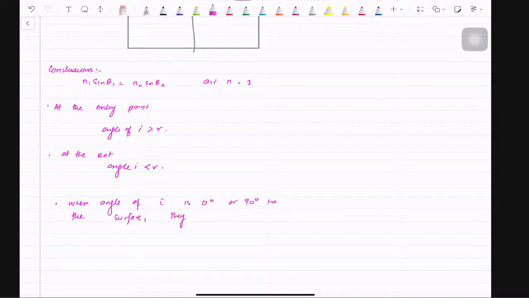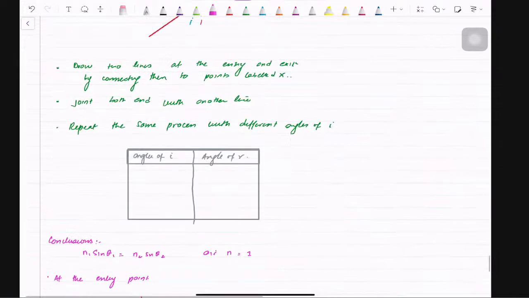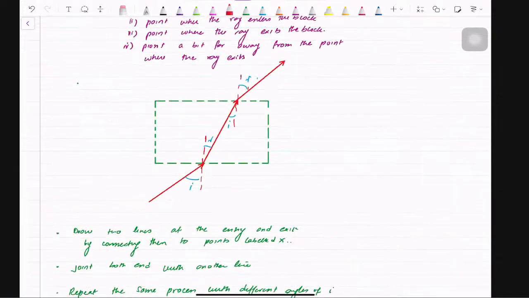The ray does not bend. Which means that if the light was going this way, then it would just go straight. If it's coming 90 degrees to the surface, it would not bend. Okay? Is that clear, Ikram? Yes. Good.